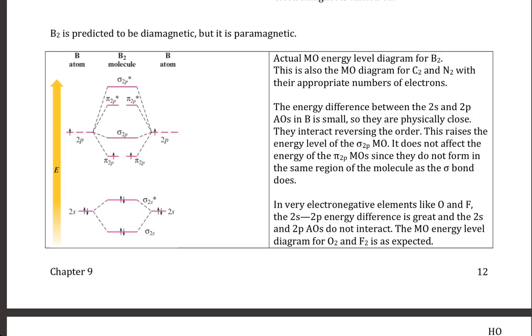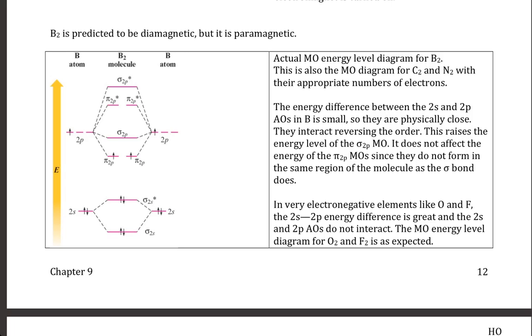And on the right in that table, I try to give an explanation of why this would be the correct energy level diagram for B2. So if this is the correct MO energy level diagram, what we have are two unpaired electrons.